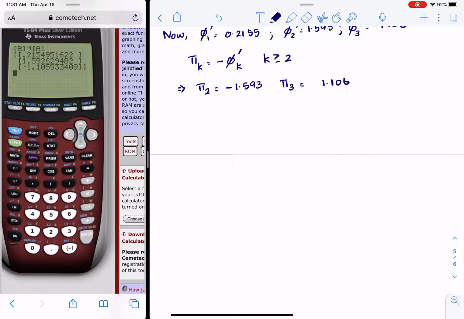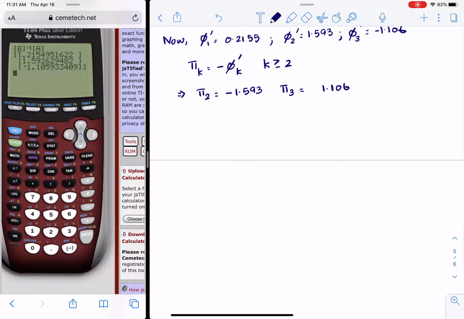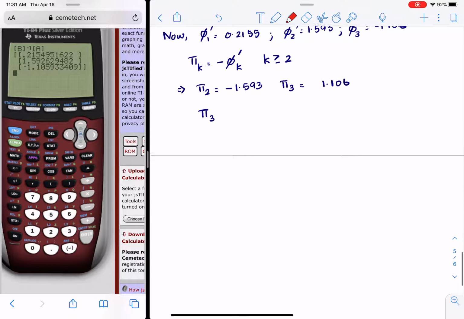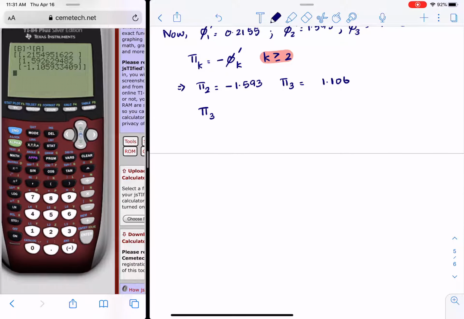So let's start with pi 3. We can't write the same recursion for k equals 1 because the recursion holds true for k greater than or equal to 2. We know pi 3 is simply theta 1 times pi 2, which would imply theta 1 is pi 3 divided by pi 2.